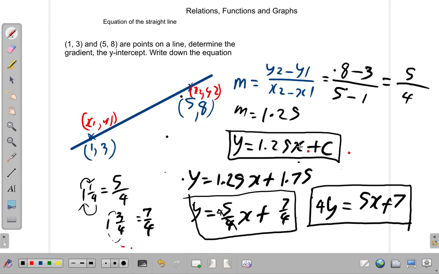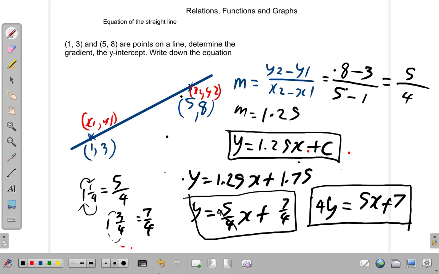So when you do that, you put the number 3 for y equals 1.25 times x, and use the x and y for the same point. Don't use the x from this point and the y from the other point. No. Stick to one point at a time.